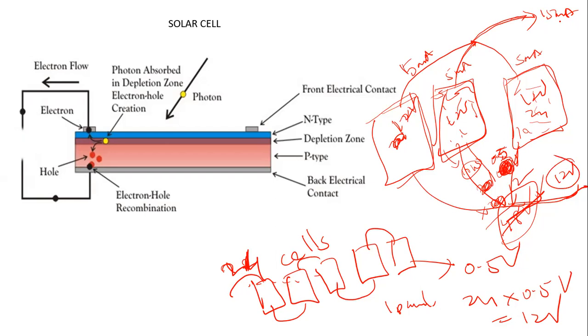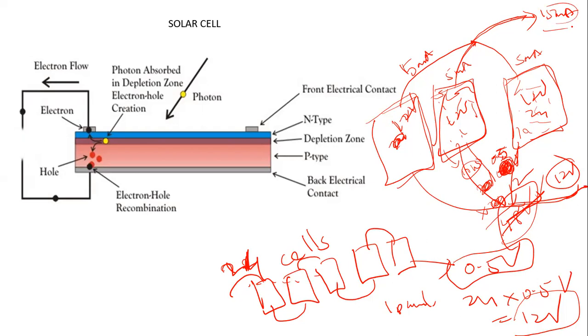So 12 volt, 15 milliampere power can be extracted from such an arrangement, having three solar panels, with 24 solar cells in each panel, assuming each solar cell gives 0.5 volt open circuit voltage. One panel can give 12 volt, and if you connect three panels in parallel, the total current can be around 15 milliampere, just as an example.